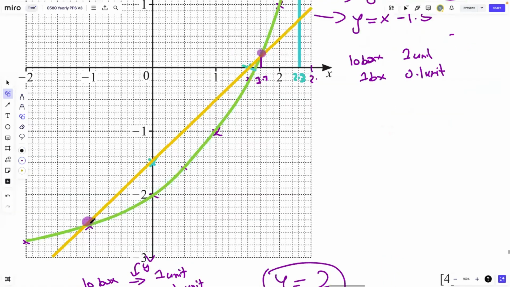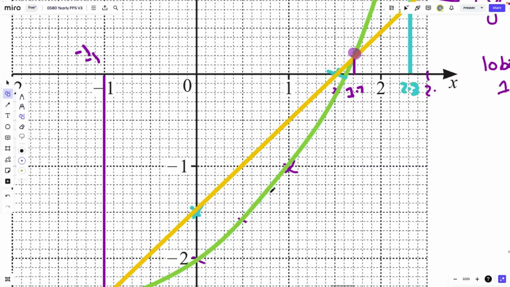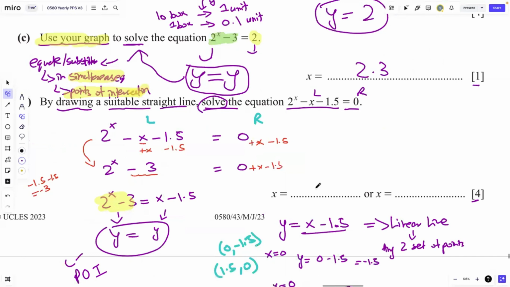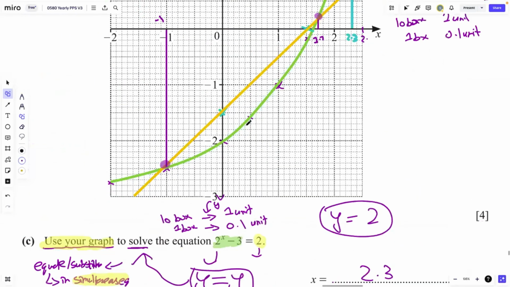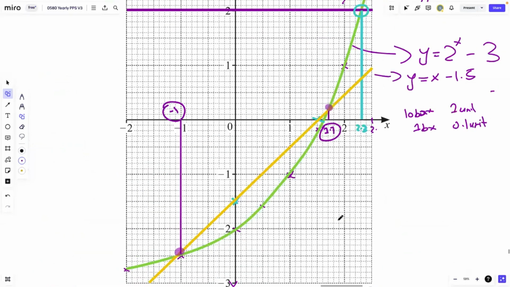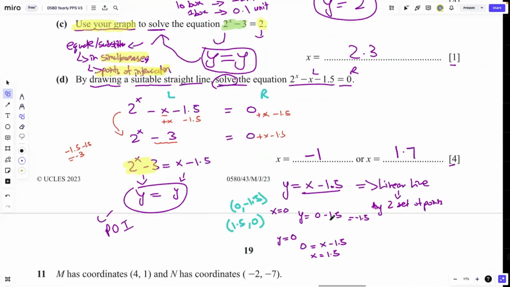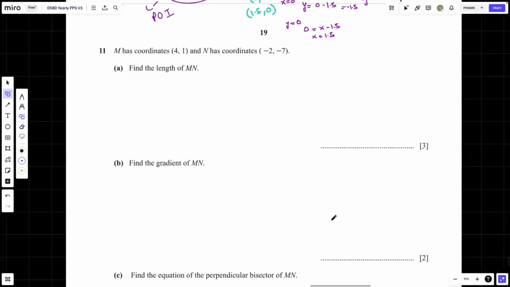This one, I've traveled up, but it's exactly coming out at -1. So we'll work with one answer as -1 and the other answer as positive 1.7. Those are the two answers that we have got for this part. Okay, that's all for this question. Let's move on to the next part. Next question.